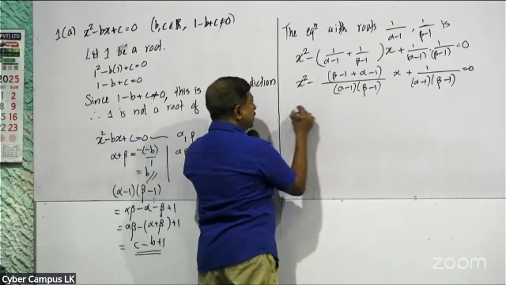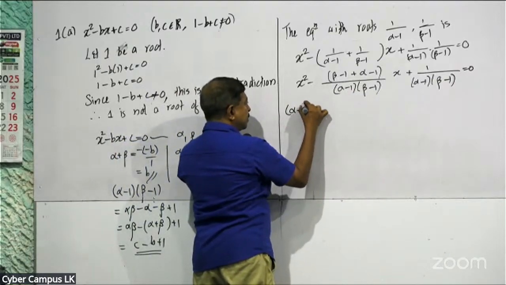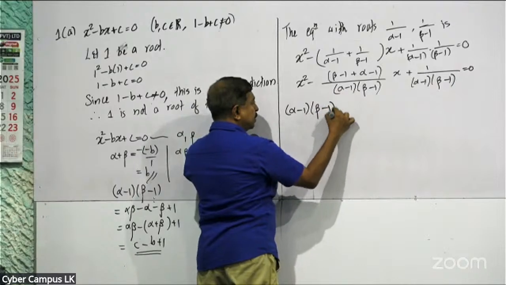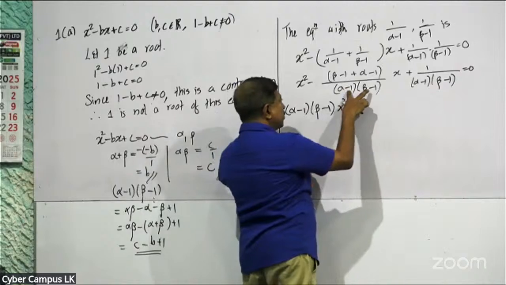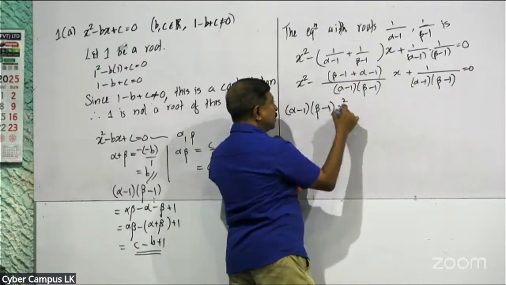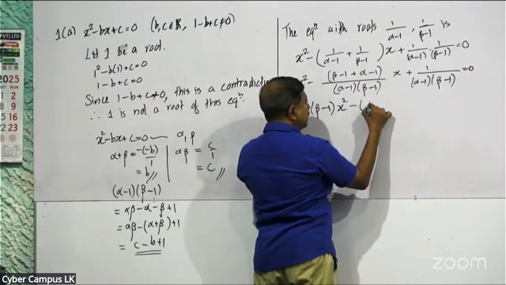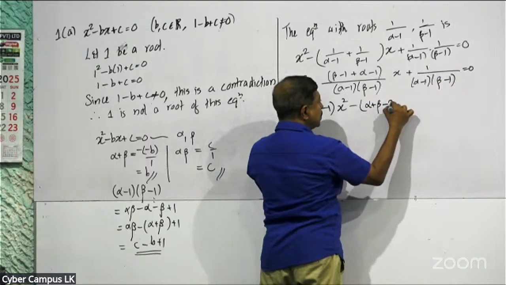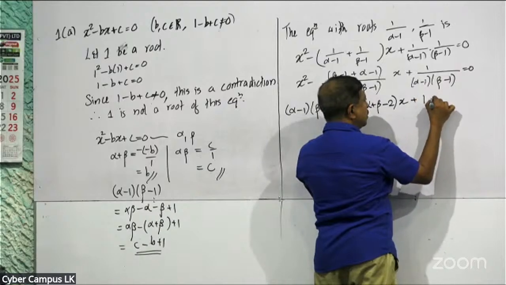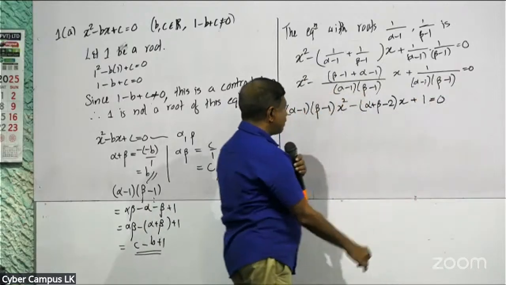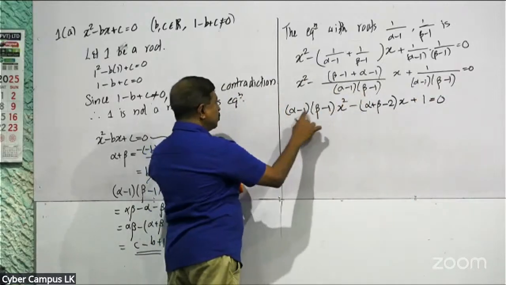Now multiply each and every term by alpha minus 1 times beta minus 1. So you get this. When you multiply, you will get alpha plus beta minus 2, and the constant term becomes 1. Now we have a formula for this.